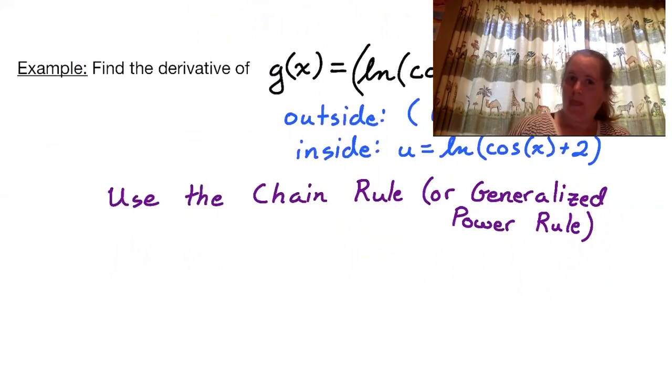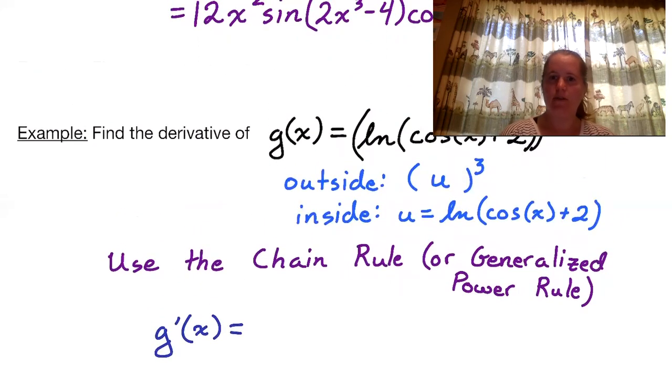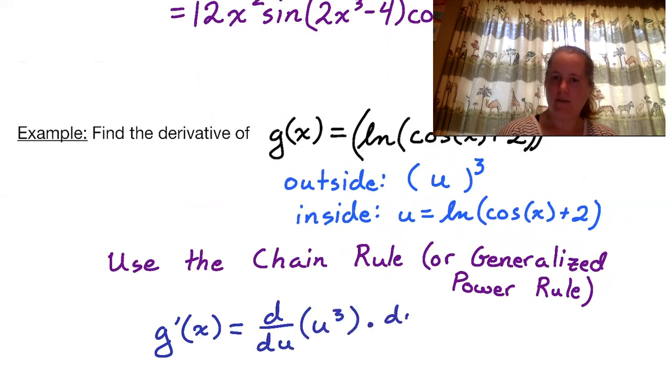So again, we will have g prime of x is equal to, our outside was u cubed. So we are going to take the derivative with respect to u of u cubed and then multiply it by the derivative of u with respect to x.